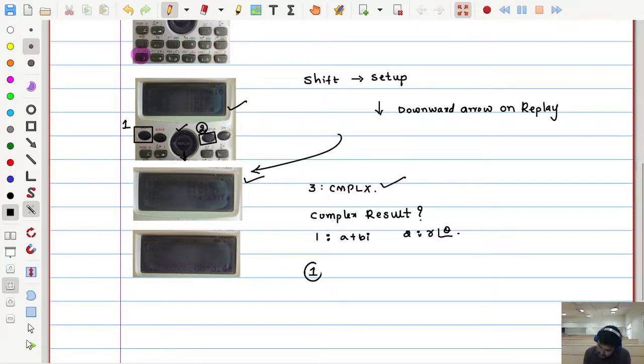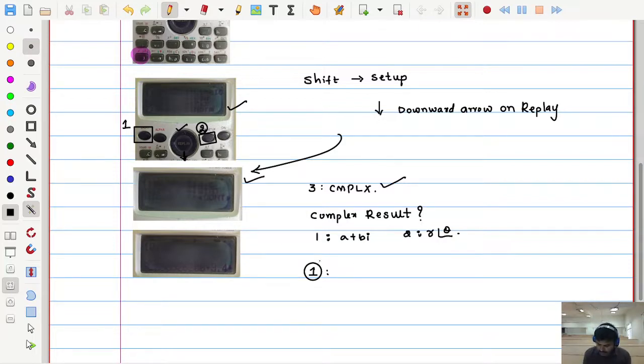If I choose 1, my result looks like 9 point something. Let me see, 10 at an angle of 20, so my result is 9.39 plus 3.42 j something.